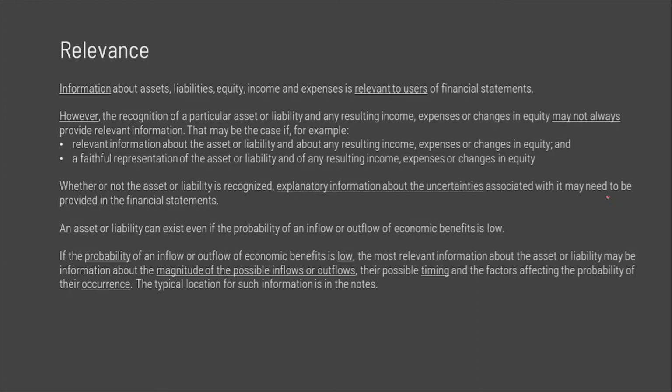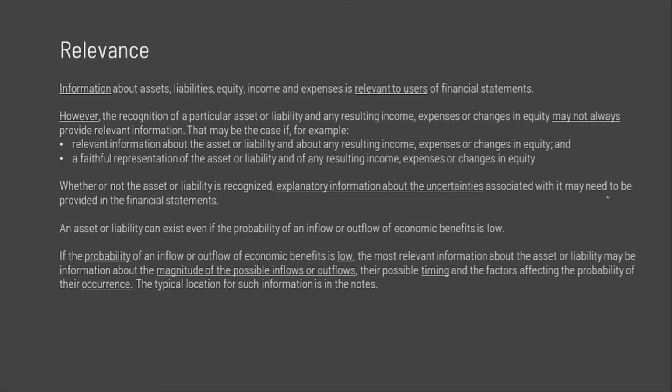If one or both of the foregoing factors result in non-recognition, information about the unrecognized asset or liability may still need to be provided in the notes, for example, information about the existence uncertainty or the possible inflows or outflows. Despite the presence of one or both of the foregoing factors, an asset or liability may nonetheless be recognized if this provides relevant information.